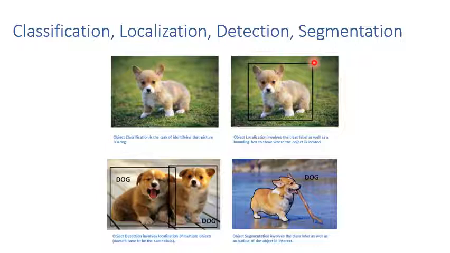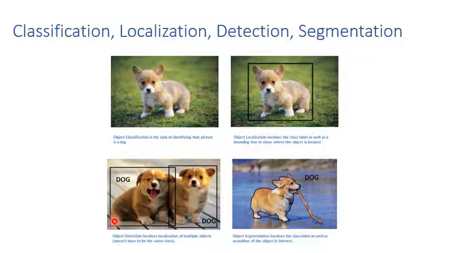For real applications, we usually want to find all the objects in a photo. This task is called detection. Object detection can find all the objects in an image, and the objects do not need to be the same class. Object detection is the very fundamental task of computer vision.